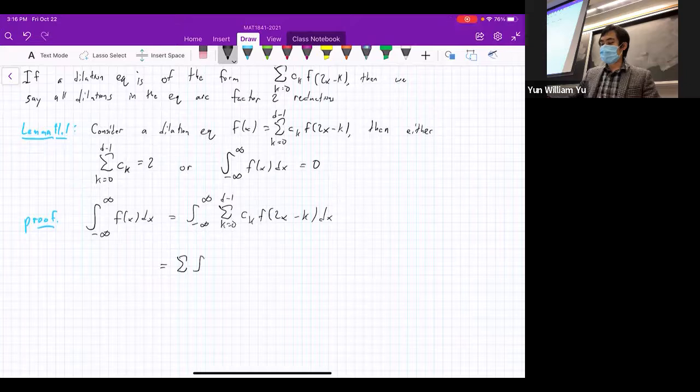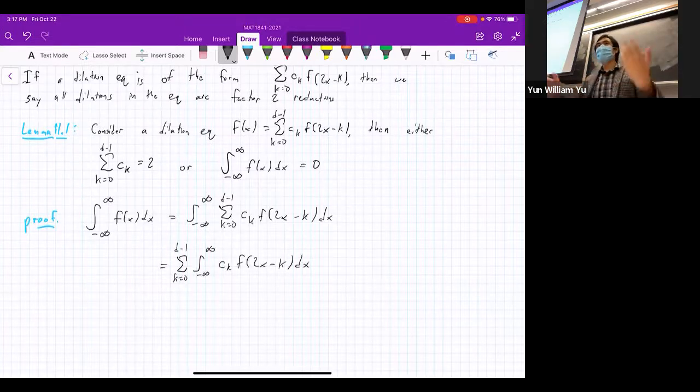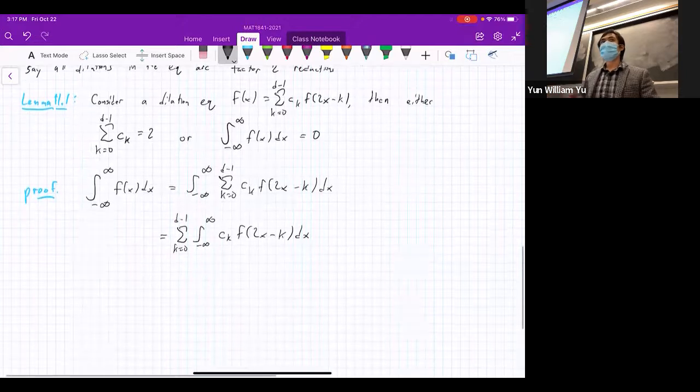So the summation from k equals 0 to d minus 1 of the integral from minus infinity to infinity of c_k f(2x minus k) dx. Of course, as you've seen in analysis, you can't always swap these things, but in this particular case you can, because we're looking at functions whose one norm is finite. Is it the fact that it's a finite sum?